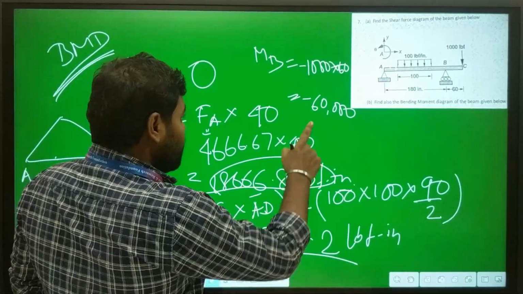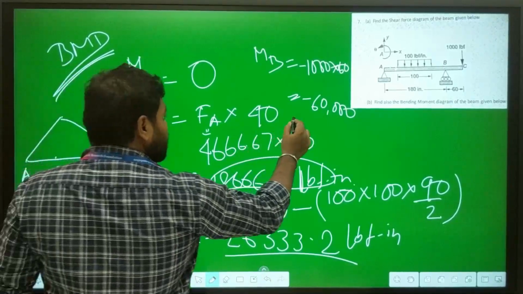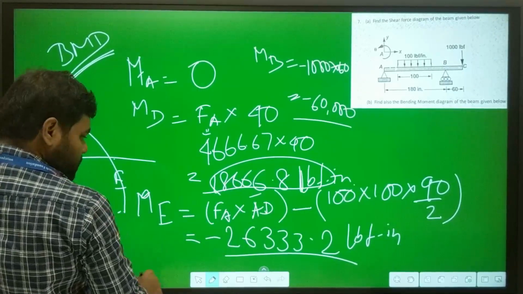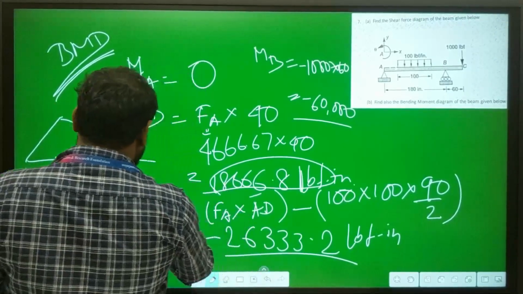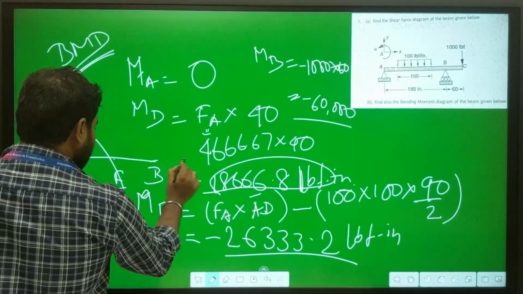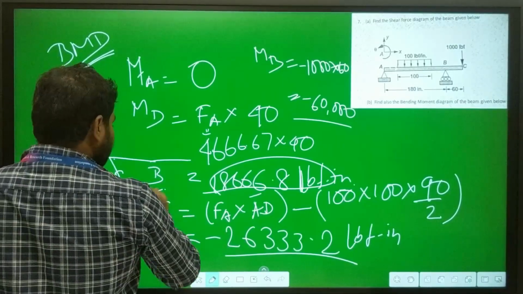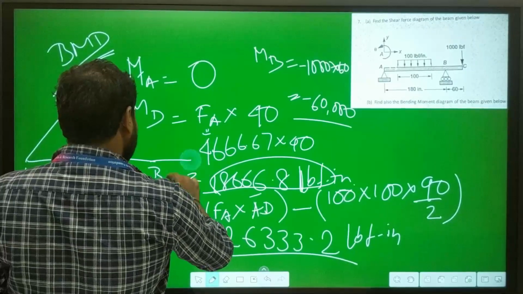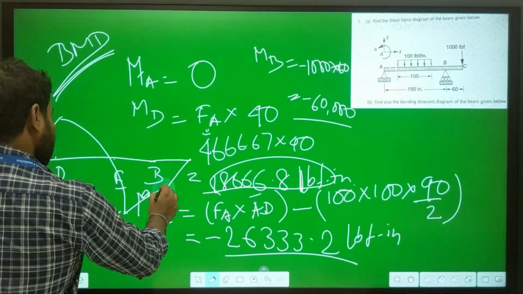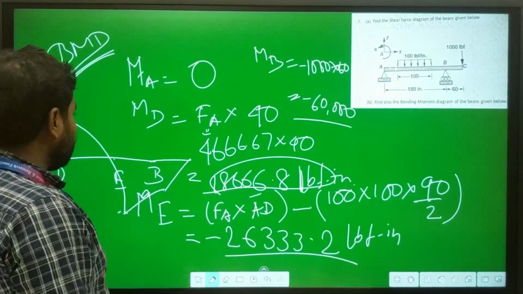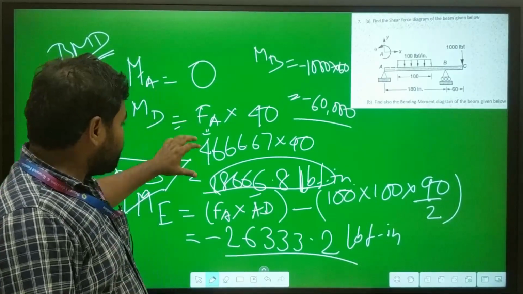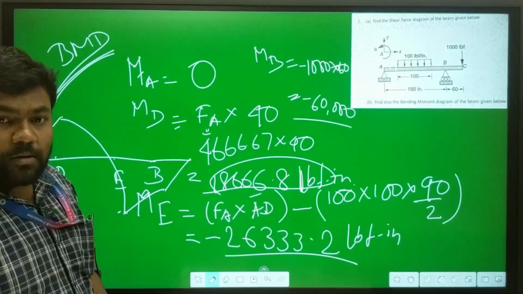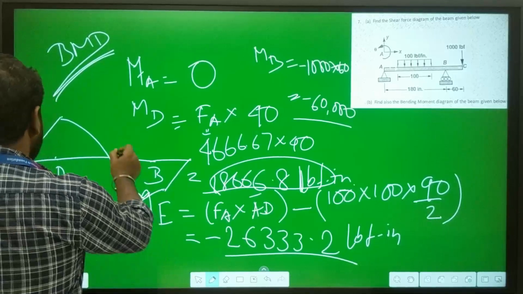Then up to point B, that is the minus 60,000 value. So if this is point B, it will be like this value, and for point C it will be 0. Okay, so you can recheck the values, there may be some calculation error, and the diagram will be like this one.